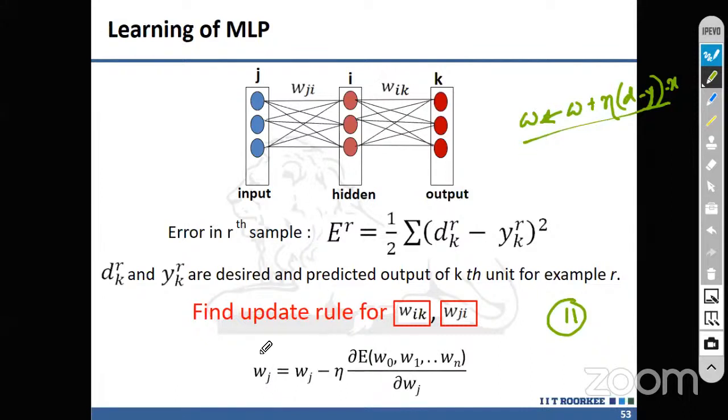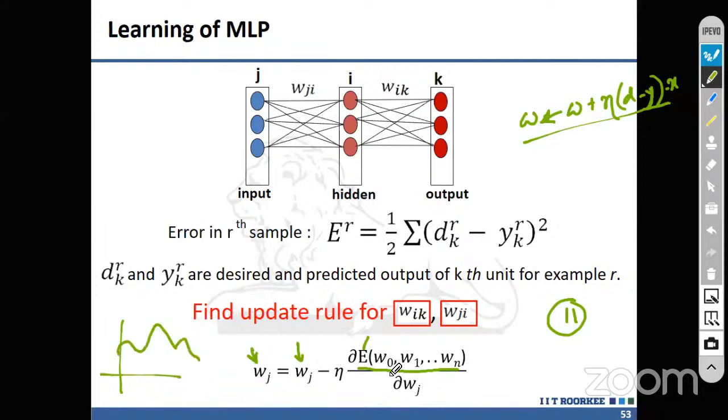So what is the formula? Similar to perceptrons, the new value will be the old value of W minus eta into del J, that is the partial derivative with respect to this error. We have seen this error surface, something like this.